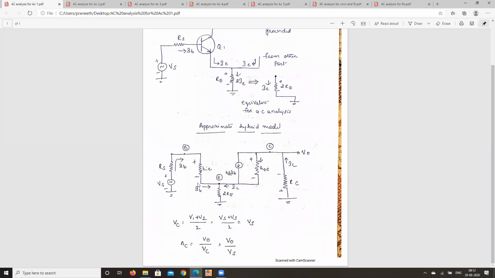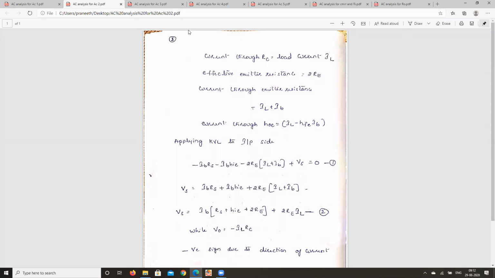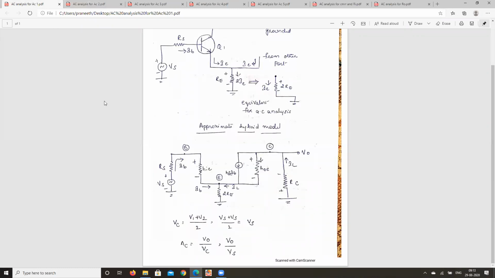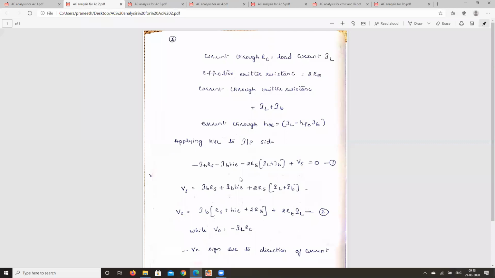IB is the current flowing in one direction, and on the output side IL is the current across RC. Obviously the same current flows through the emitter resistance, so the current through the emitter resistance is IL plus IB. The current through the HOE is given as IL minus HFE IB.